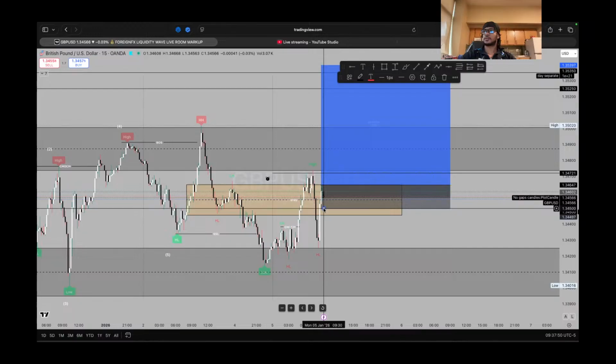This trade I'm going for 5. If you look at it, TP1 is 0.7%.